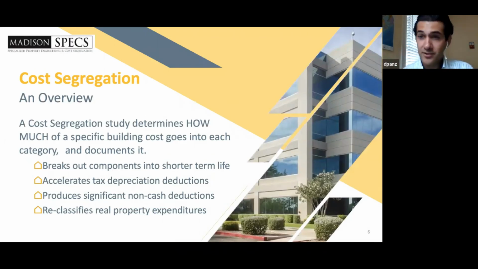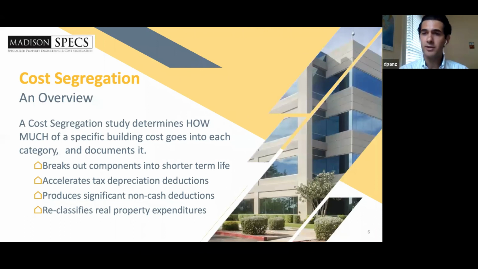With a cost segregation study, you're hiring an engineer to physically inspect a property. With this office building on the side here, we would send an engineer there, and they would see everything that you could see in this picture: the asphalt, the sidewalk, all the landscaping. If you look up at the top, there's a little security camera. They're identifying all of those assets, and everything on the interior, and compiling them in a report.